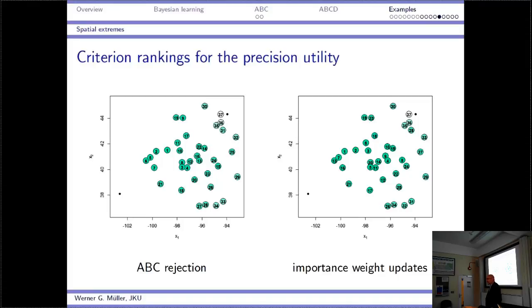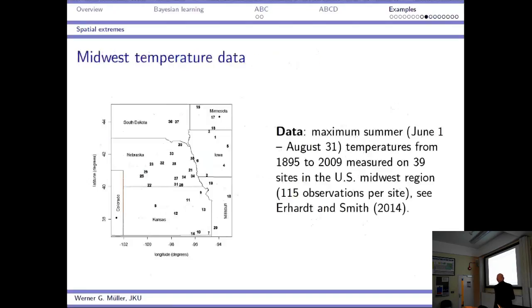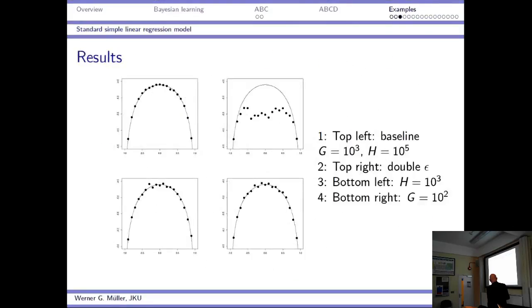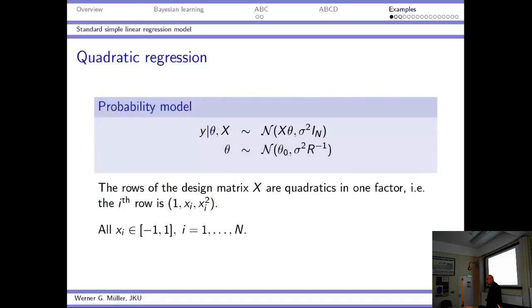In the quadratic regression example, do you fix sigma squared, or is it unknown? Here it's fixed. I don't think it makes a difference, does it? It won't make a difference to the exact optimal design, but I thought it might affect the performance of the ABC, because if it's big, it could obscure things.